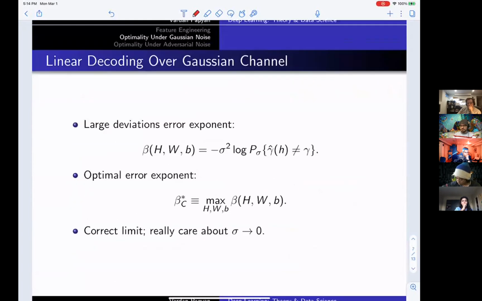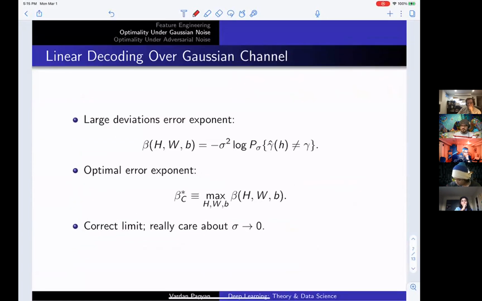So consider the following criterion. This criterion is called a large deviation error exponent. What it says is, what is the probability of the decoder finding a gamma hat which is not equal to the original gamma? So in simple words, this means the decoder decodes incorrectly, right?